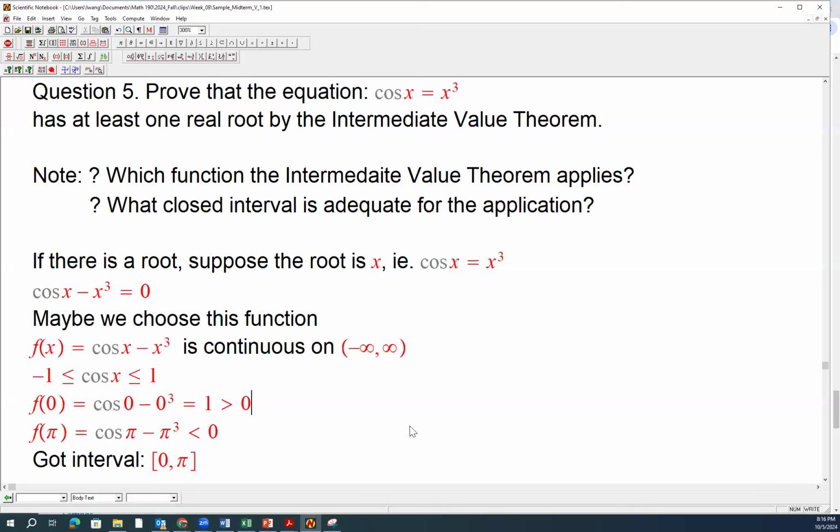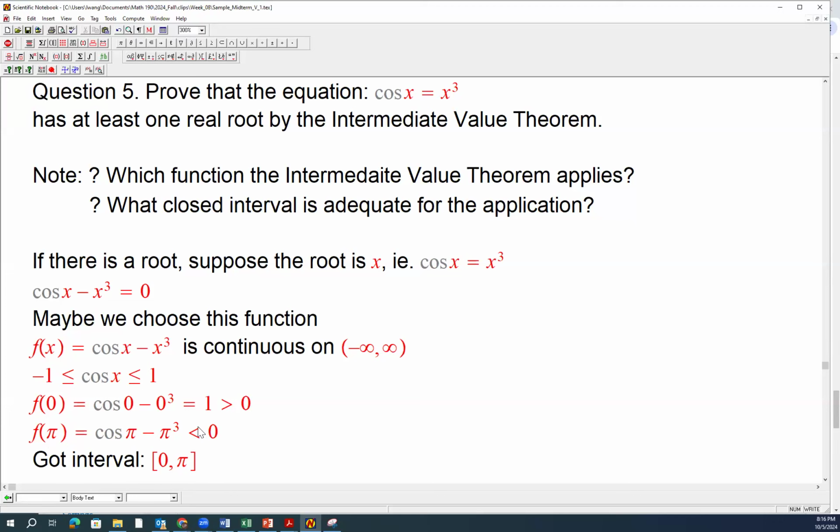Secondly, we need to identify the interval. So here we go. We start from simple: substituting 0 is the easiest. It doesn't mean you have to use 0. You can do many different values, negative pi, negative pi over 2, negative 3 pi. You can do all of that, but I just try to make it easier for myself. So f of 0 is positive.